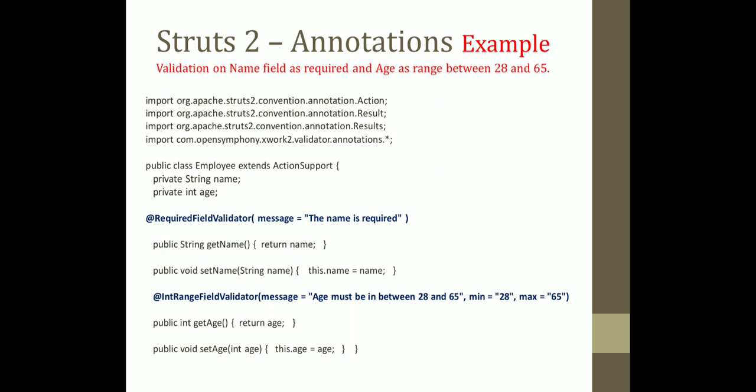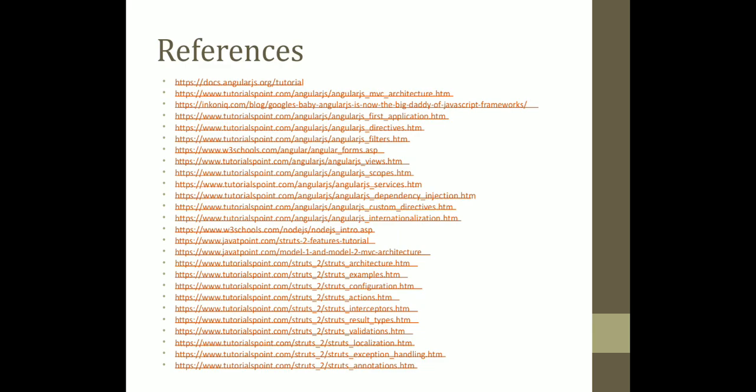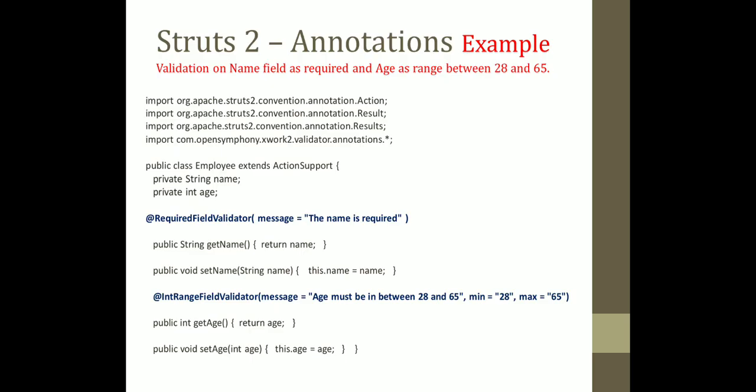The message will be that age must be between 28 and 65, with minimum value 28 and maximum 65. And public int getAge will return the age, plus public void setAge, with this.age equals age. So this is a simple example of annotation.